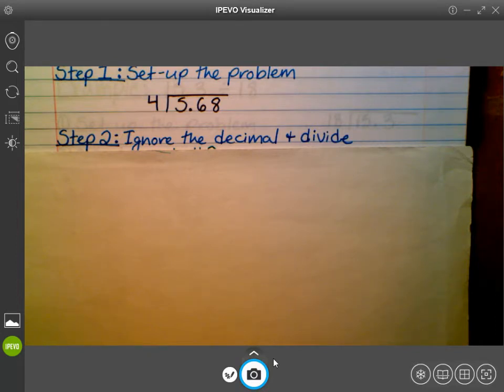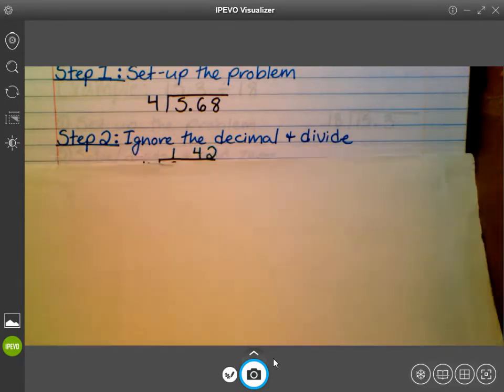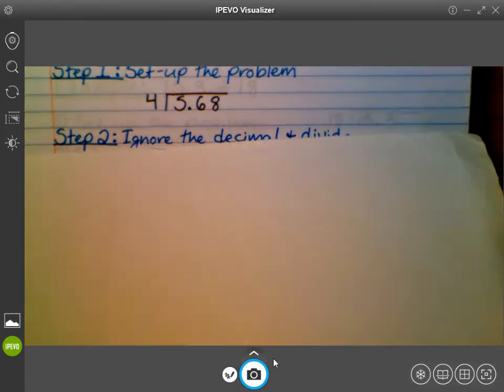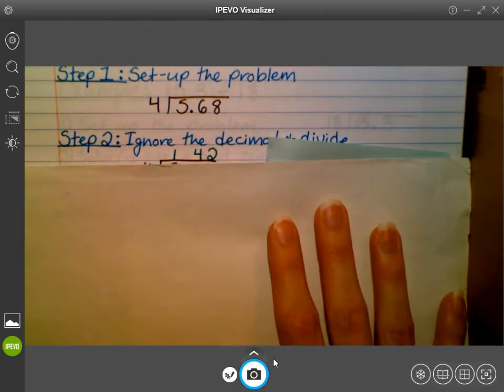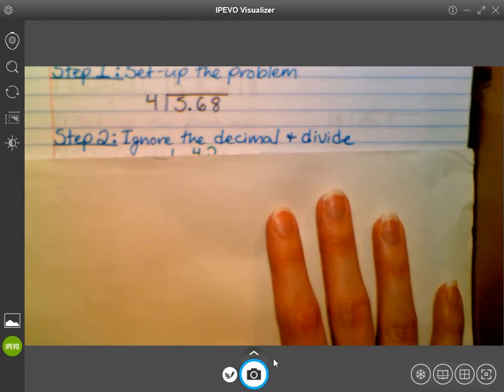So step 2, ignore the decimal and divide. Similar. You ignore the decimal when you multiply.